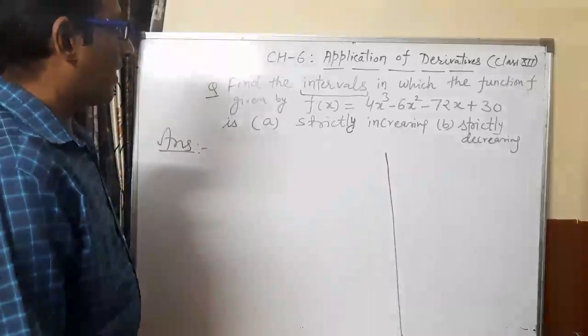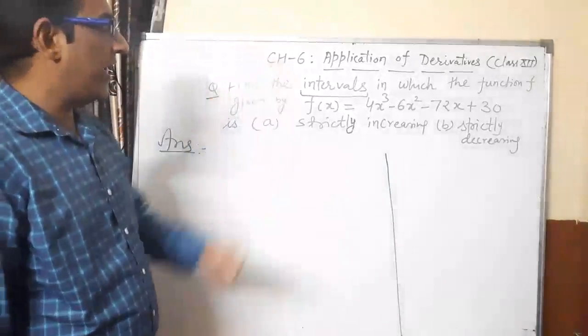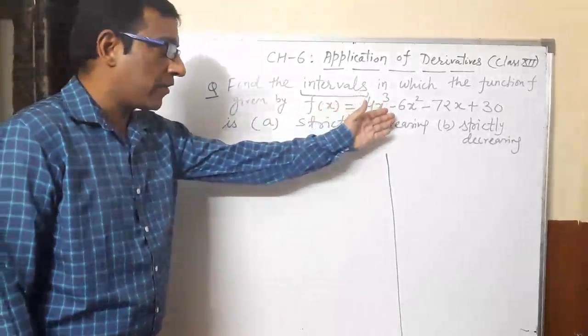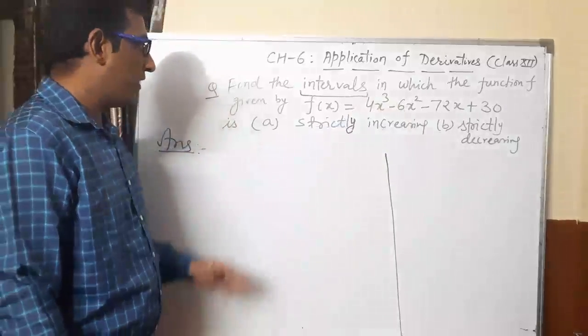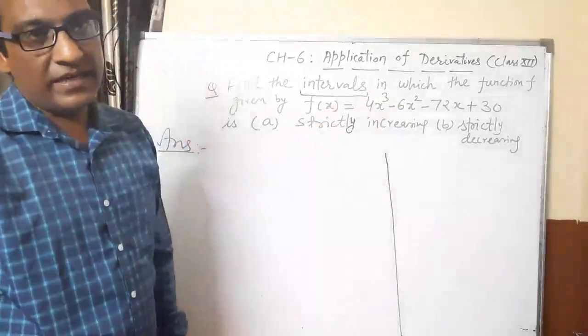Now I am continuing with the second problem: find the intervals in which the function f given by f(x) equals 4x cube minus 6x square minus 72x plus 30 is strictly increasing and strictly decreasing.